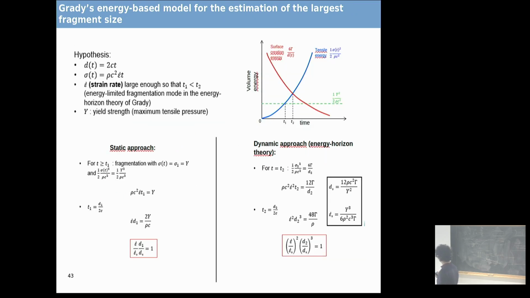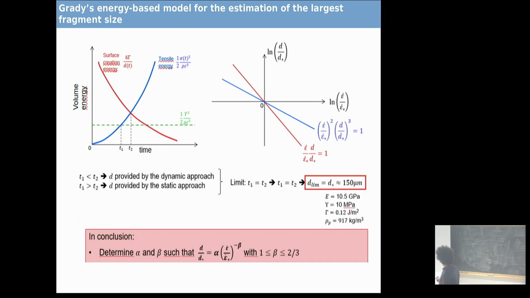So, what is the reality between here, the coefficient equal to 1, and here, the coefficient equal to minus 2/3? The reality is between them.